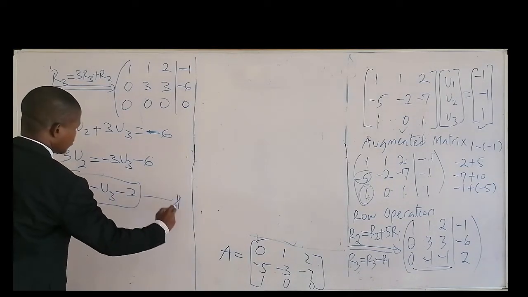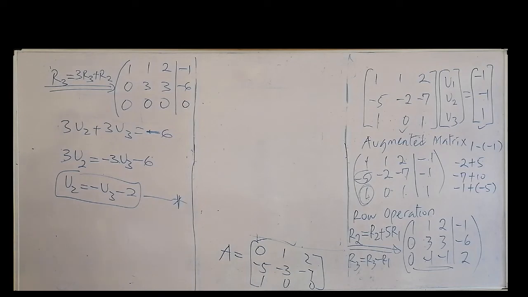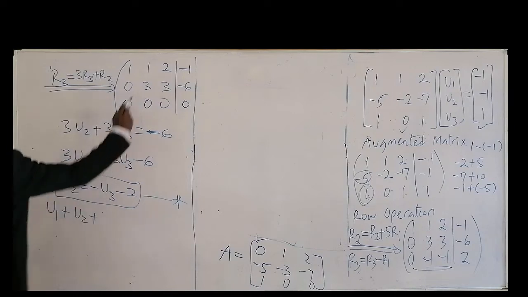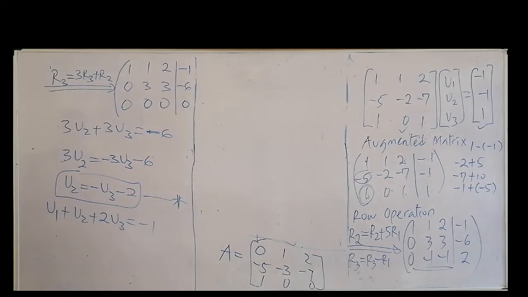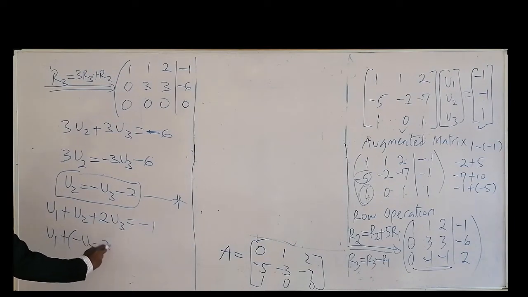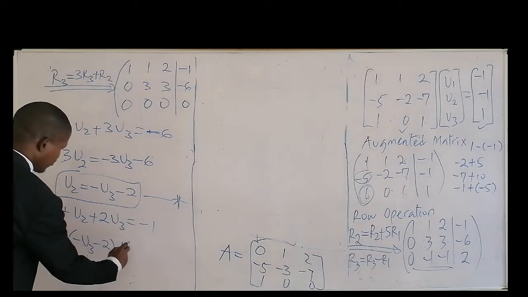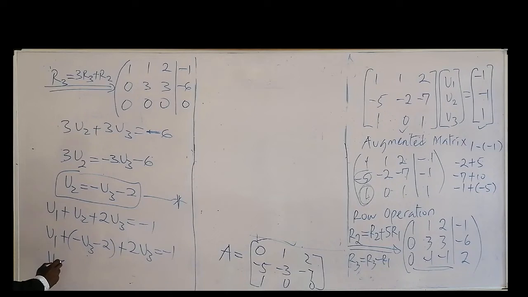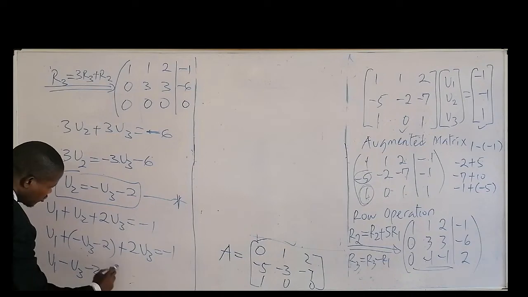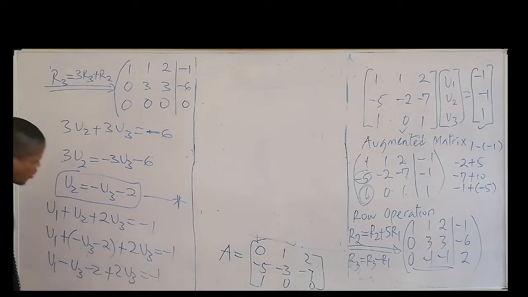Then we go to the first row, which is u1 plus u2 plus 2u3 equal to minus 1.